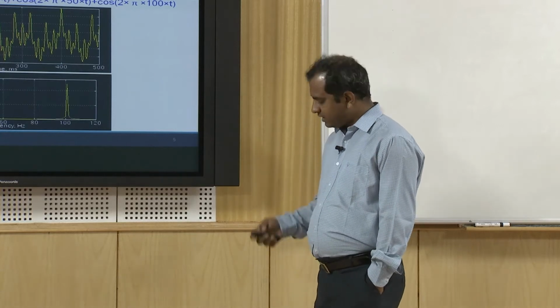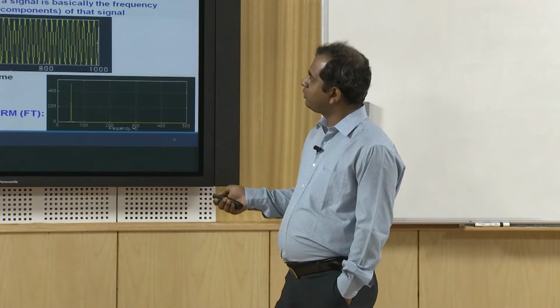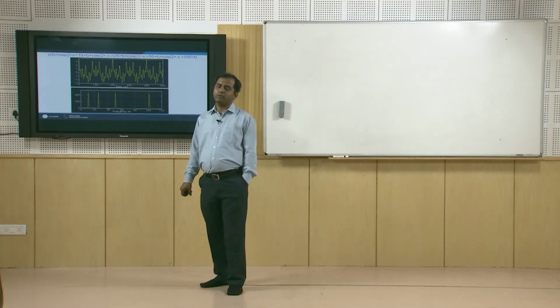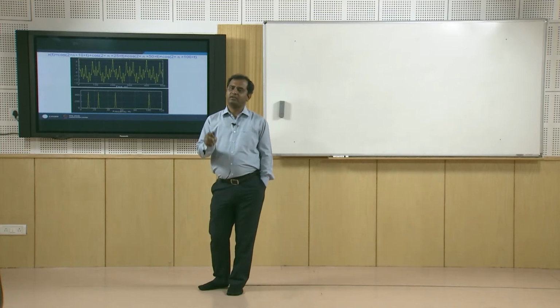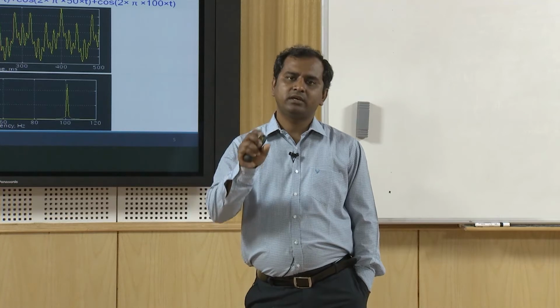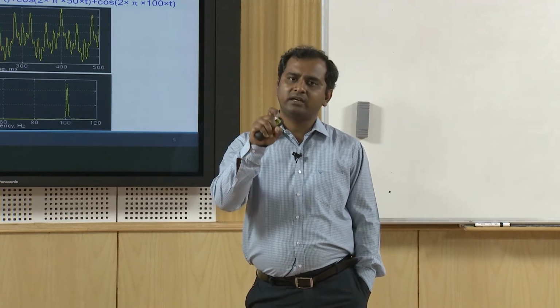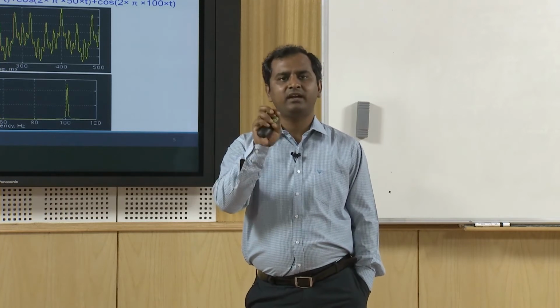Now, one interesting thing about these two time domain plots is that we have taken data at the same interval. That means T2 minus T1 is equal to T3 minus T2 and so on. So, the probe or sensor is giving you the signal at the same frequency, that means the sampling rate is the same.